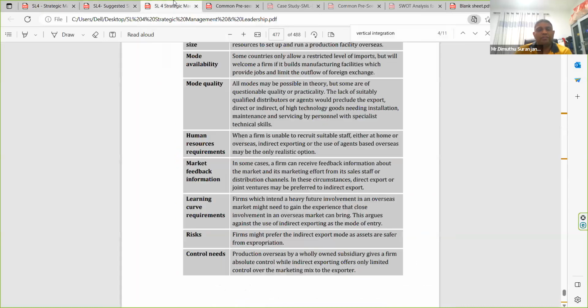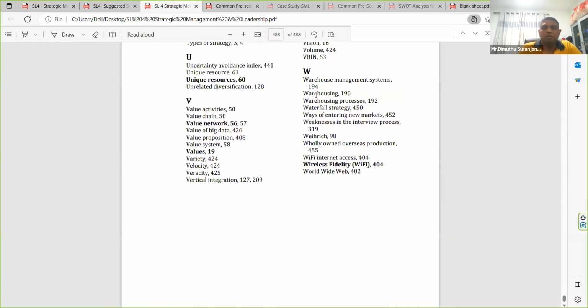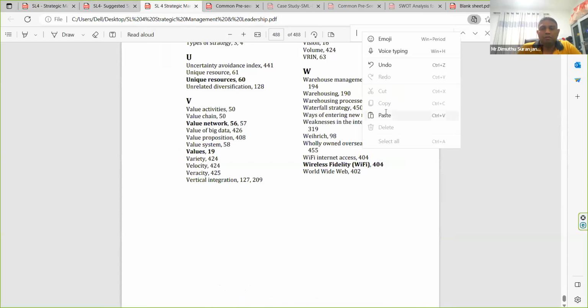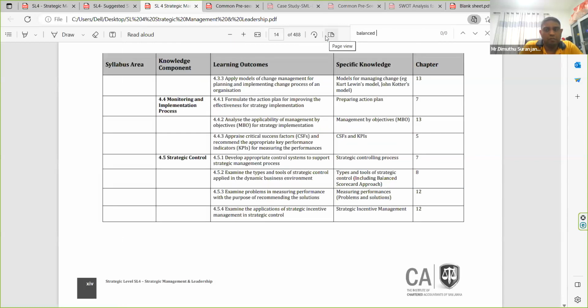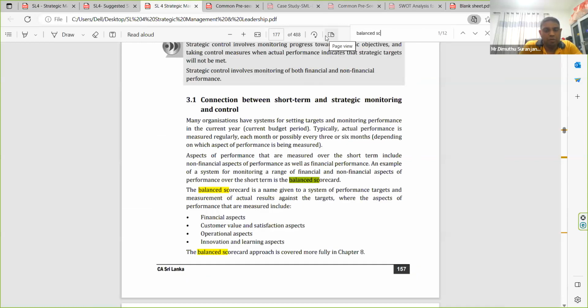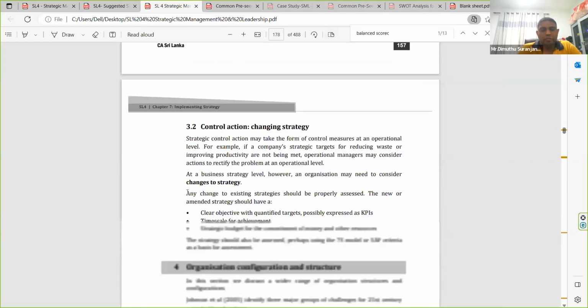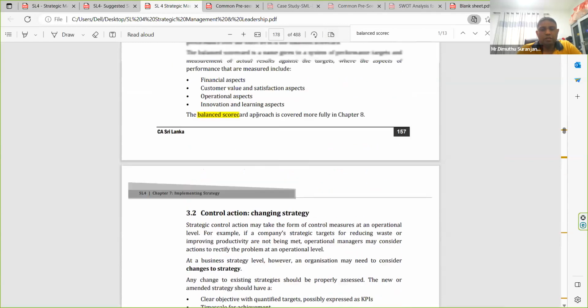But where is that in the study packs? In there. Here, see, balanced scorecard.